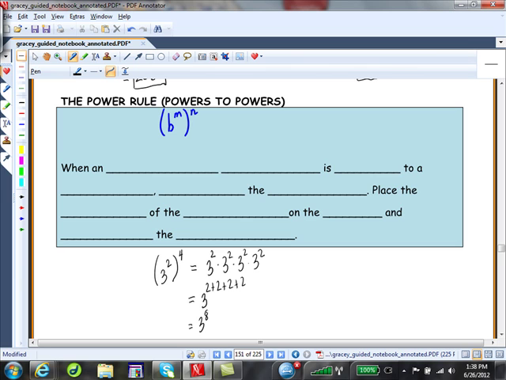For now, we'll just leave this as 3 to the 8th. We want to see why the rule works. Now 2 and 4, do you notice something? Exactly, 2 times 4 is 8, right? So it turns out that 3 squared to the 4th power is equivalent to 3 raised to the 2 times 4, which is 3 to the 8th.